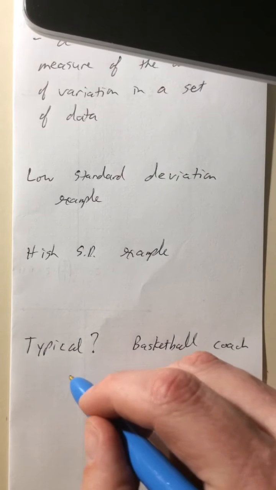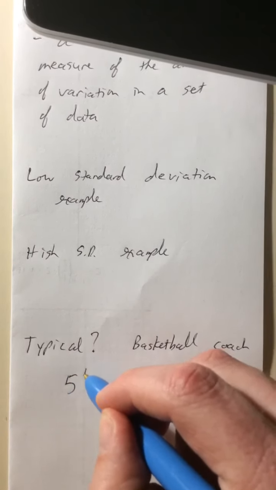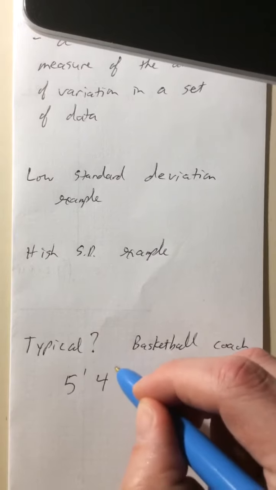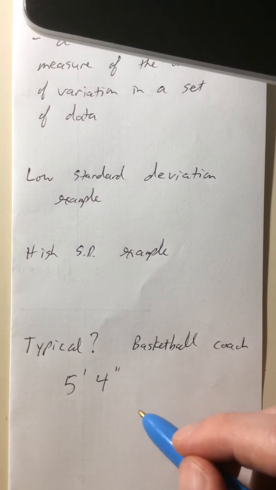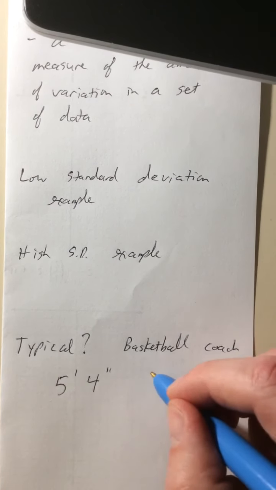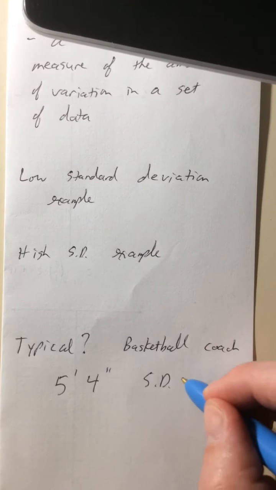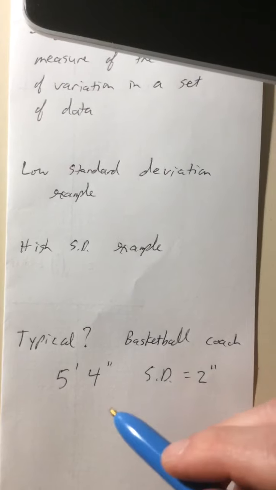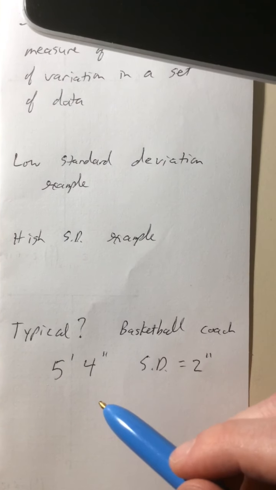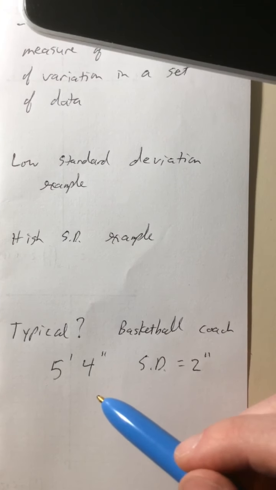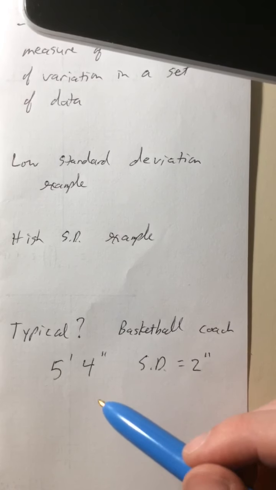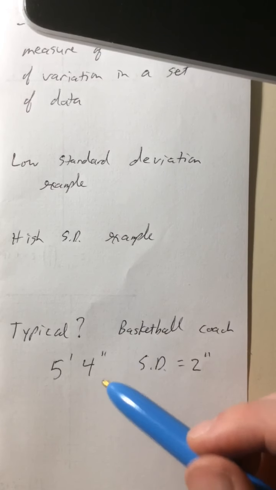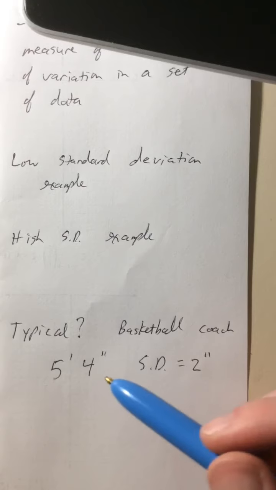As it turns out, statistically speaking, the average high school girl is 5 feet 4 inches tall. And the standard deviation is SD equals 2 inches. So as that basketball coach is interviewing these basketball players, if a girl walks in who's 5'4", or 5'3", or 5'5", the coach just doesn't even notice.